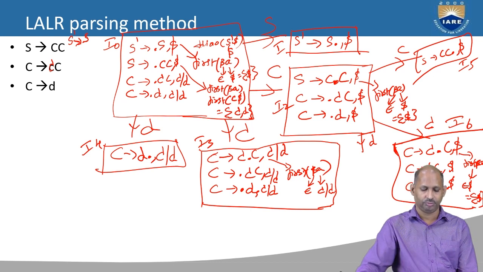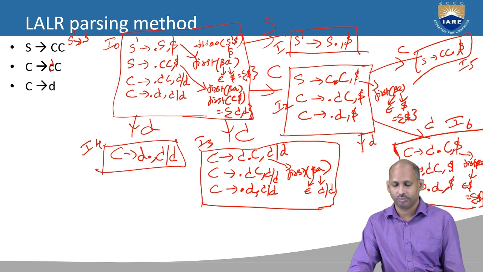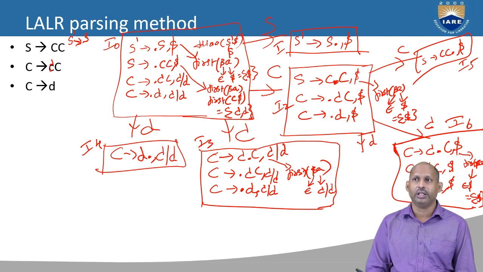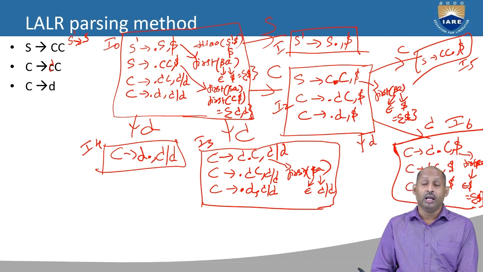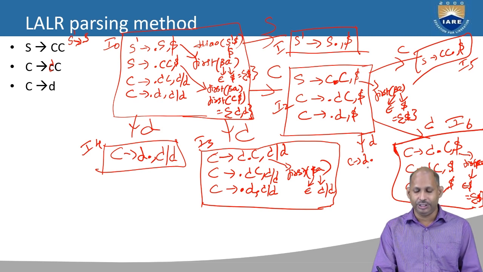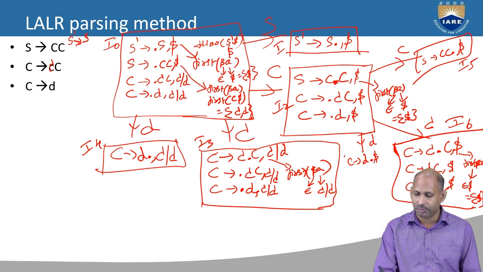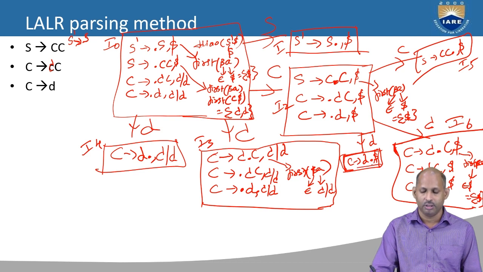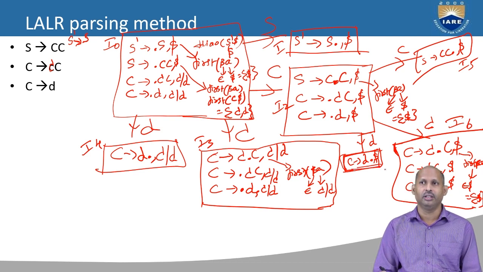Then I2 on D simply says D gives D dot. Dot D becomes D dot, followed by the dollar sign.